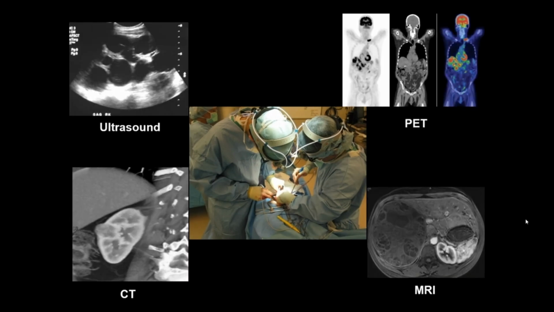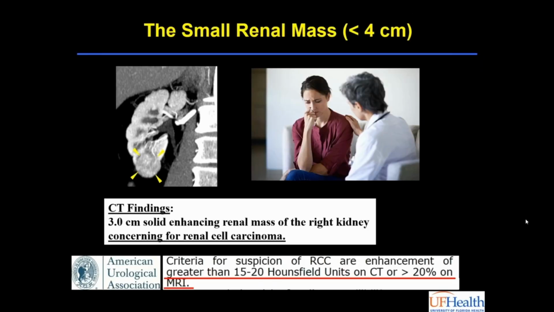As urologists, the cornerstones of our diagnostic imaging tests really rest on four things: ultrasound of the abdomen, CT scan, which is a type of cross-sectional imaging, and MRI scan, also another separate type of cross-sectional imaging. And increasingly, we're using PET scan imaging for certain types of urologic cancers.